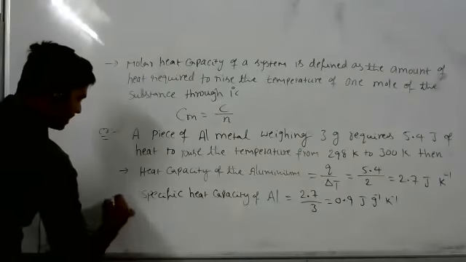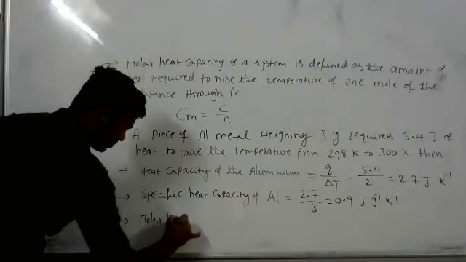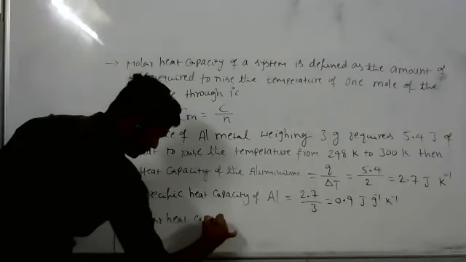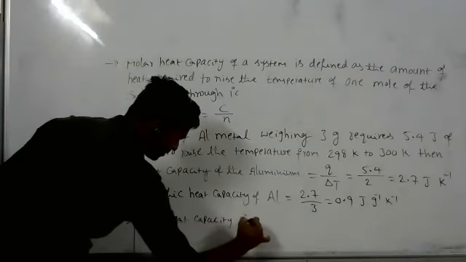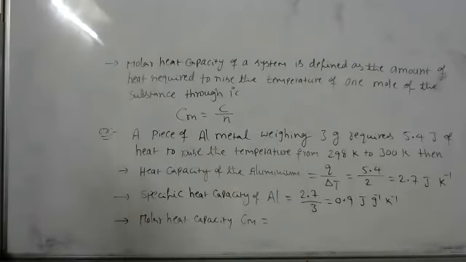Next, molar heat capacity is equal to, so 1 mole of aluminum is equal to 27 grams.